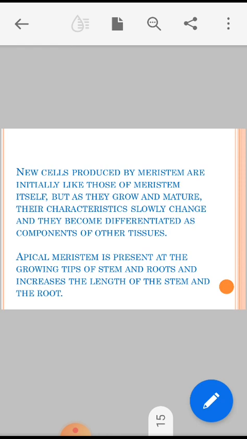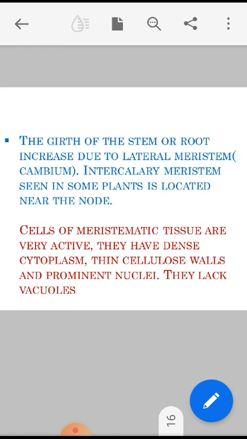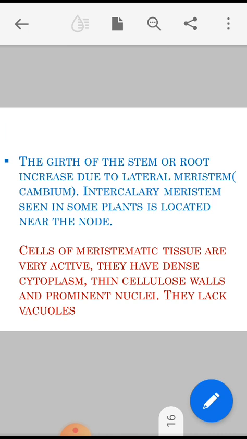Now, I am talking about the specific regions. That apical meristem, as it is present at the tip, helps in the increase of the length of the stem and the root. The girth of the stem or root increases due to the lateral meristem or cambium, जैसे हमने आगे डिस्कस किया.